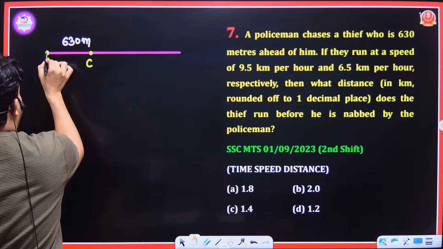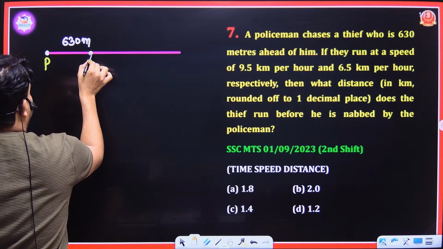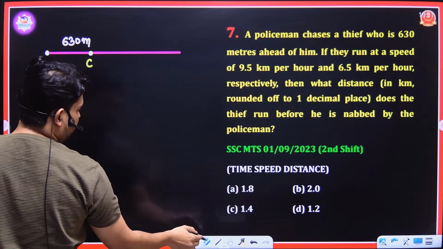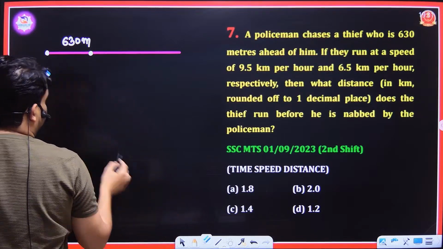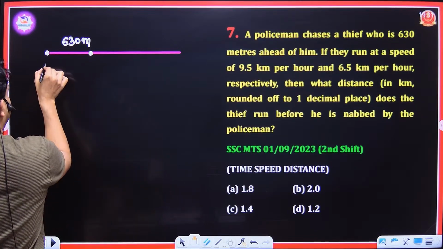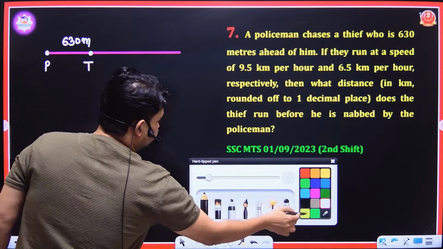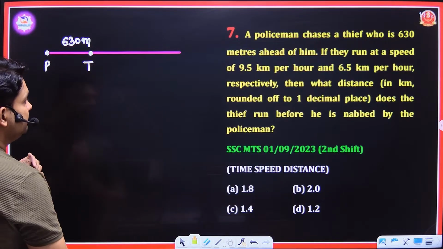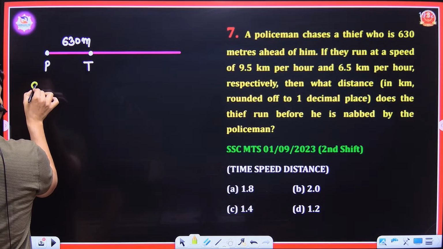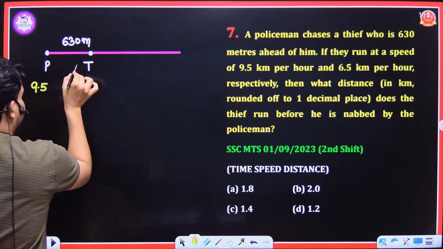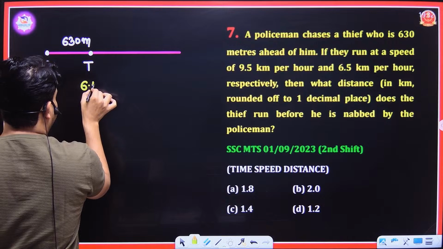The distance between the policeman and the thief is 630 meter. The speed of the policeman is 9.5 kilometer per hour and the speed of the thief is 6.5 kilometer per hour.